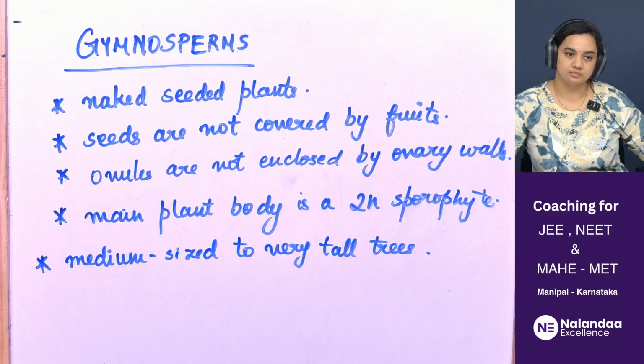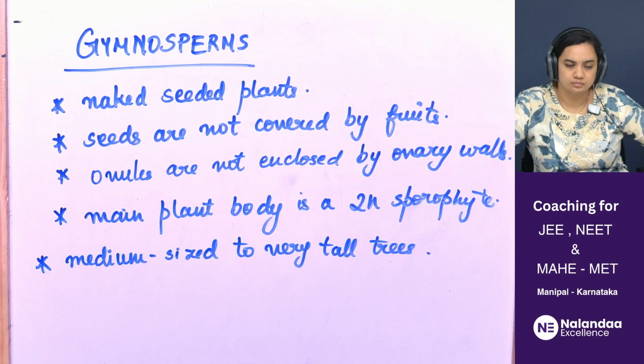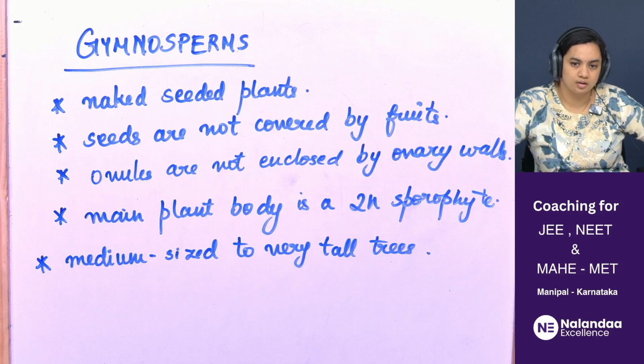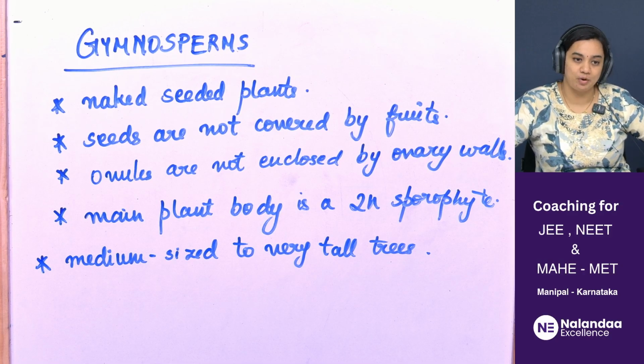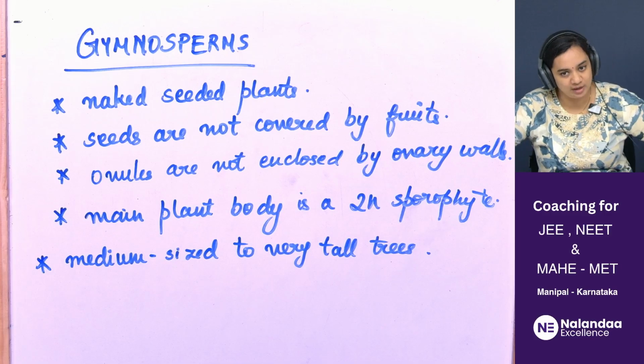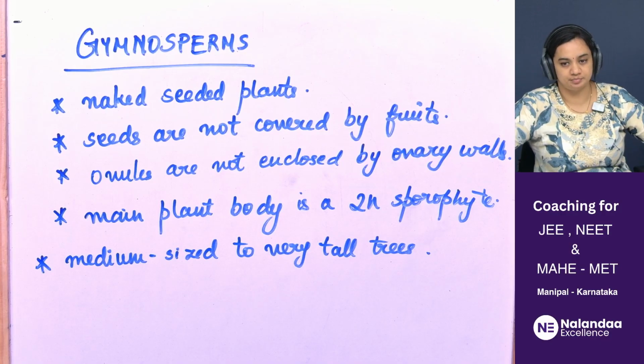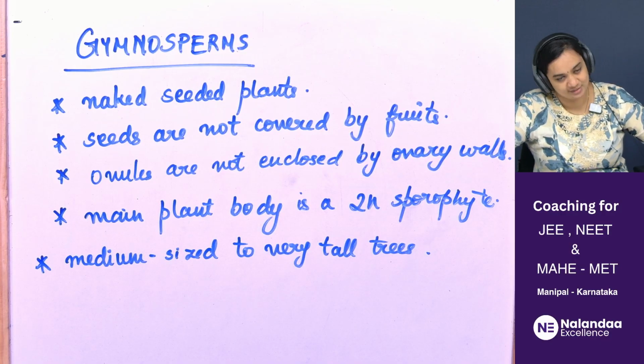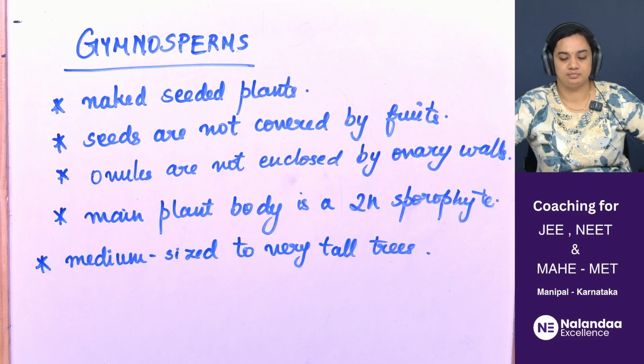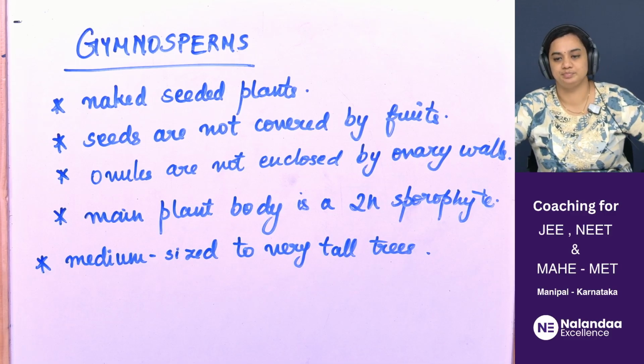I think this is applicable for the last two also. When you say diploid sporophyte, it means that the spores formed are diploid? No, spores formed are haploid. The sporophytic plant body is diploid. By meiosis, it produces spores. So the somatic cells are diploid. Okay.